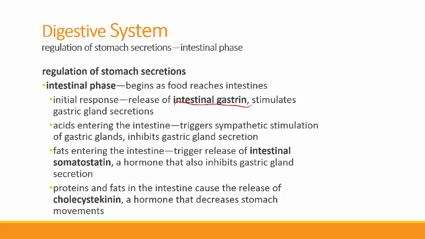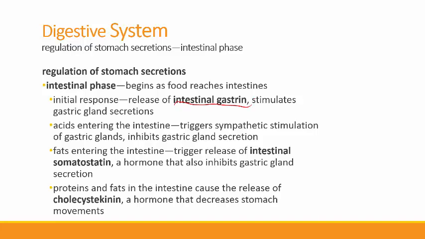I'm sorry, I think that should say intestinal gland secretions. Let's just make sure. Intestinal phase. Okay, I'm sorry. That very briefly stimulates one last round of gastric gland secretions. So yes, we get a brief enhancement of gastric gland secretion thanks to intestinal gastrin.